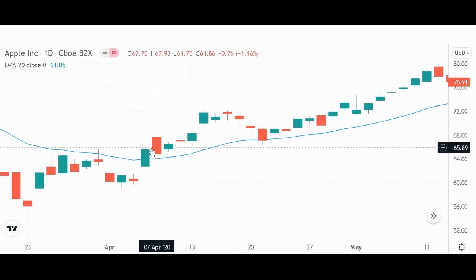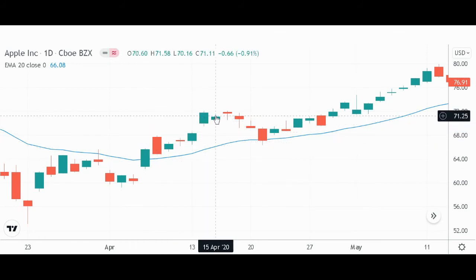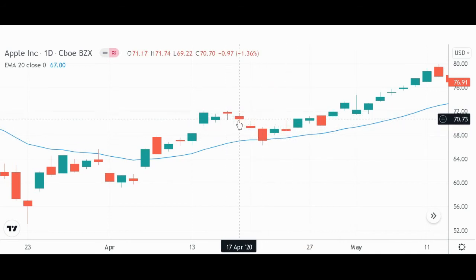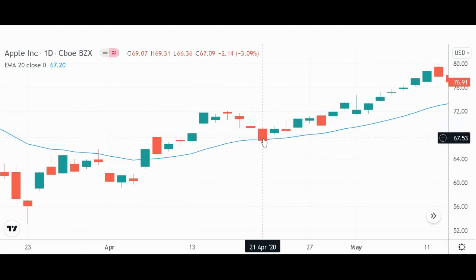And the buyers won, the bulls. But then the bears tried again, the sellers tried again, a retest, this time from above, not from below. Bounced right off of it. Picture perfect right there. And so the bears tried again, the sellers, they retested that line, this time from above, and now they got rejected.